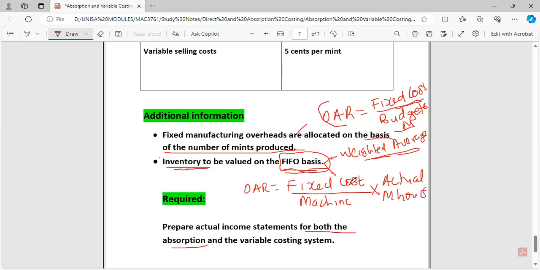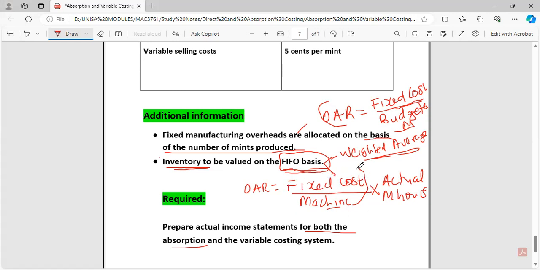That is going to be your overheads absorbed. If they say it's labor hours, then your absorption rate is going to be fixed cost over labor hours. Then you multiply by the actual hours that were worked. Then you already have your absorbed cost in the cost of the product.